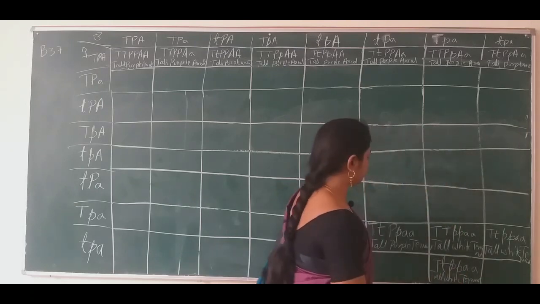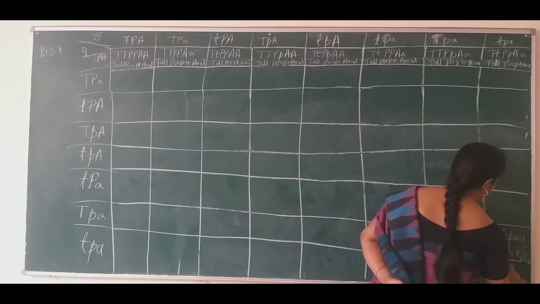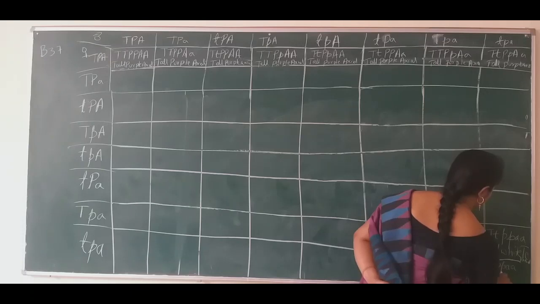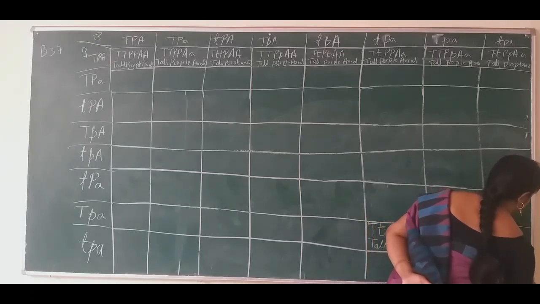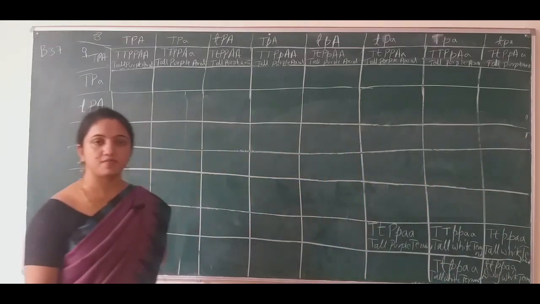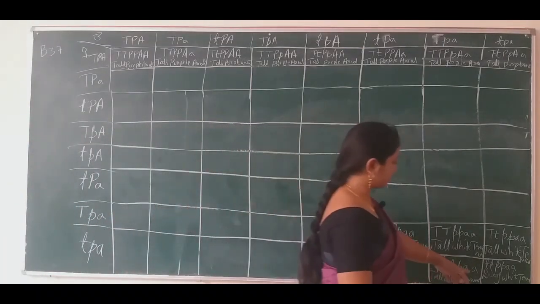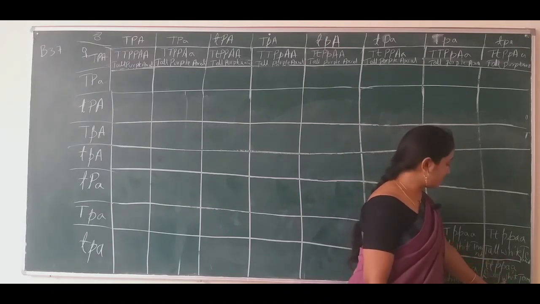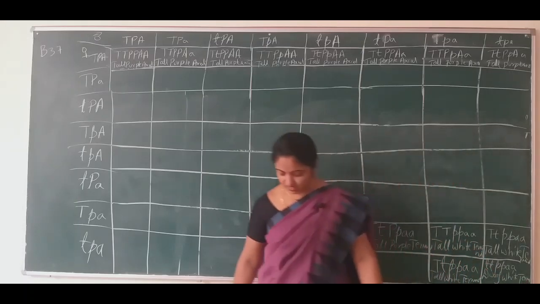And at the last, small t, small p, small a, dwarf, white, terminal. So this offspring has pure recessive genes, and the pea plant is dwarf, the color of the flower is white, and the position of the flower is terminal.